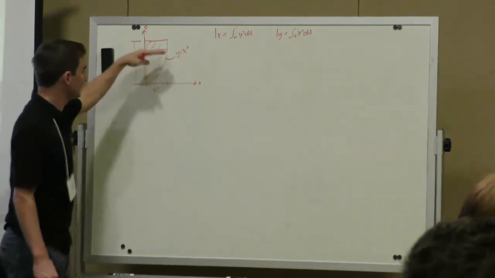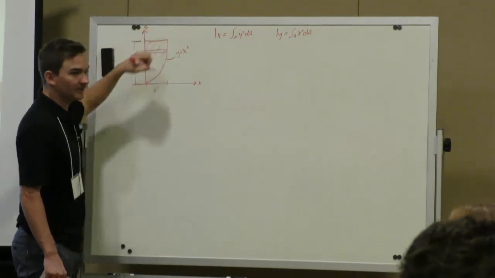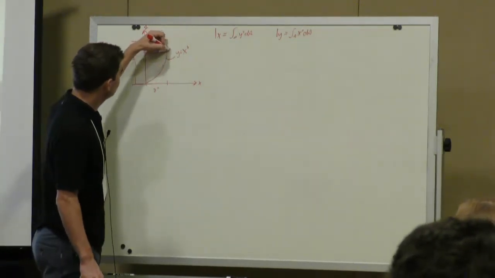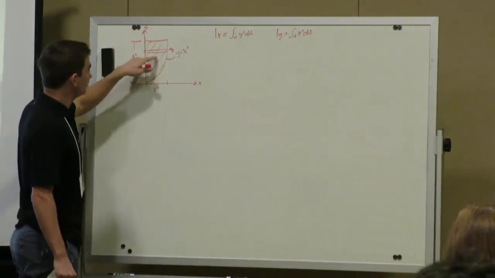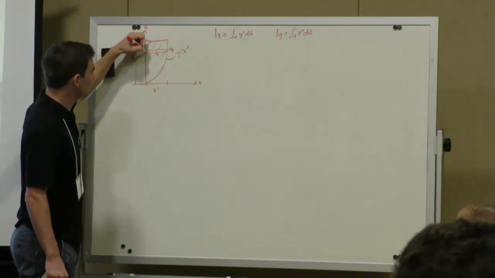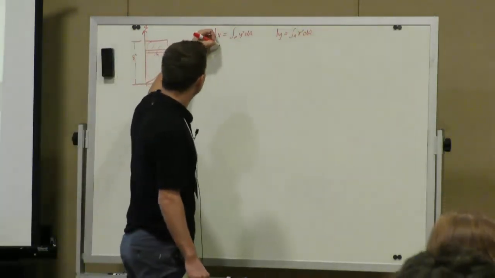So since these are both parallel, what will be the area of this differential element? Yeah. So the height is dy, and the base will just be x. Does everyone agree? Yeah. So we'll start with Ix.